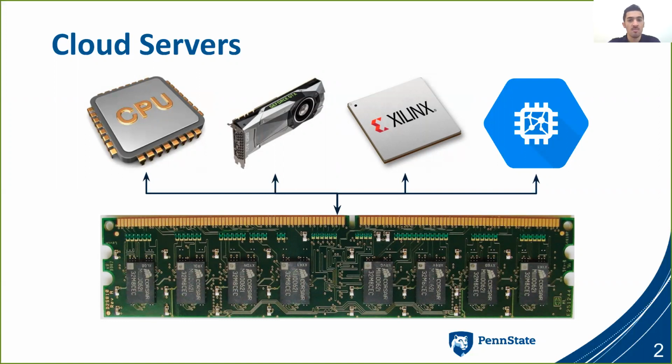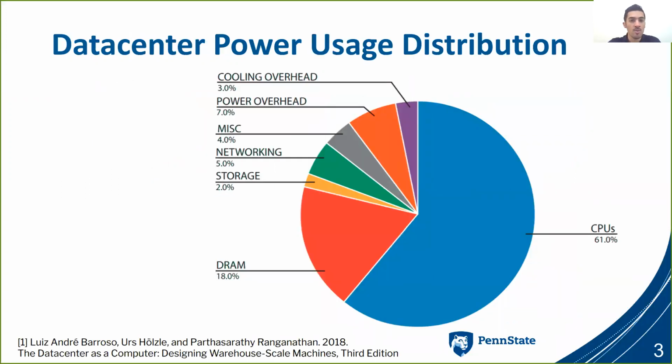However, DRAM memory capacity does not scale at the same pace as these computing elements, and this DRAM scaling introduces both power and performance issues that are now more important than any time. To elaborate more on the importance of this problem, let's look at how DRAM contributes to the total power usage in data centers.